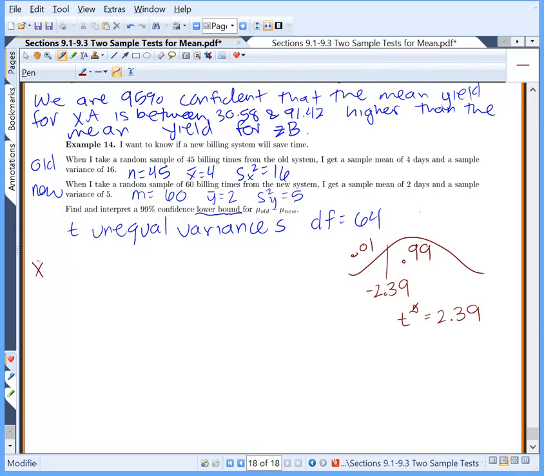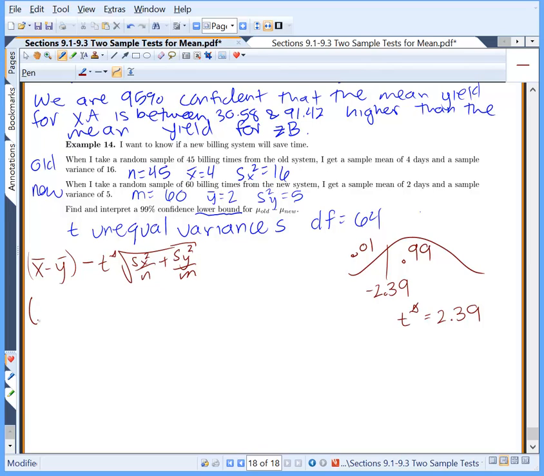So let's plug everything in. X bar minus y bar. Plus or minus, actually, we don't want a plus or minus. We only want our lower bound, so it's only a minus. Our critical point times the square root of the first variance over its sample size plus the second variance over its sample size. Let me plug our thing in.